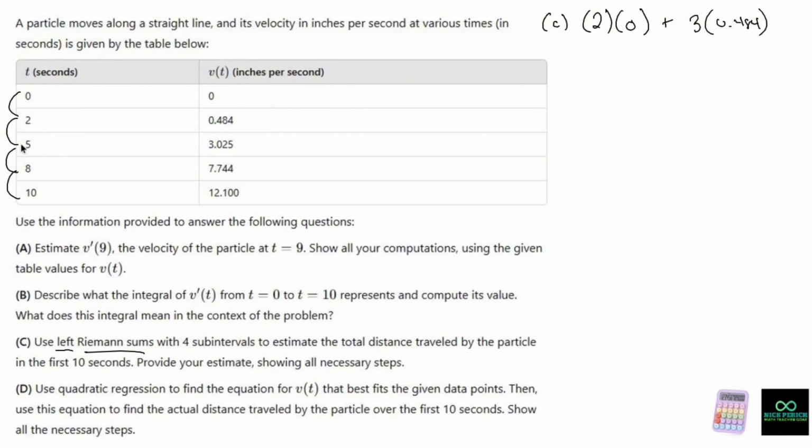The next interval is 8 minus 5, so plus 3 parentheses, and we multiply the left of it, 3.025. Then the next one is 2 units in length, and we multiply the left side of that, 7.744. So let's run to our calculator and see what happens when we type all of that in.